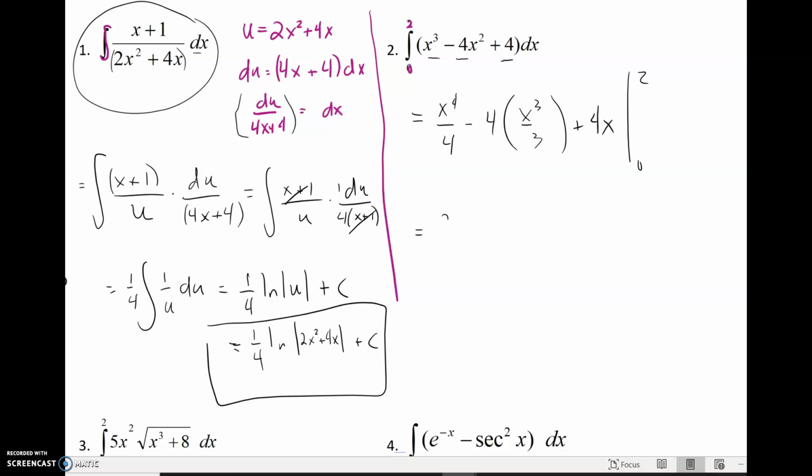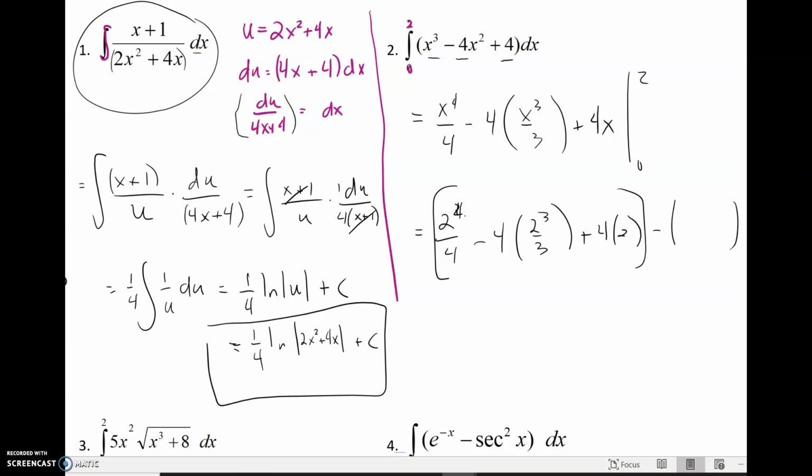That means I plug in 2 to the 4th over 4, minus 4 times 2 cubed over 3, plus 4 times 2. That's when I plug in the upper bound, minus, and I'm going to plug in the lower bound of 0.